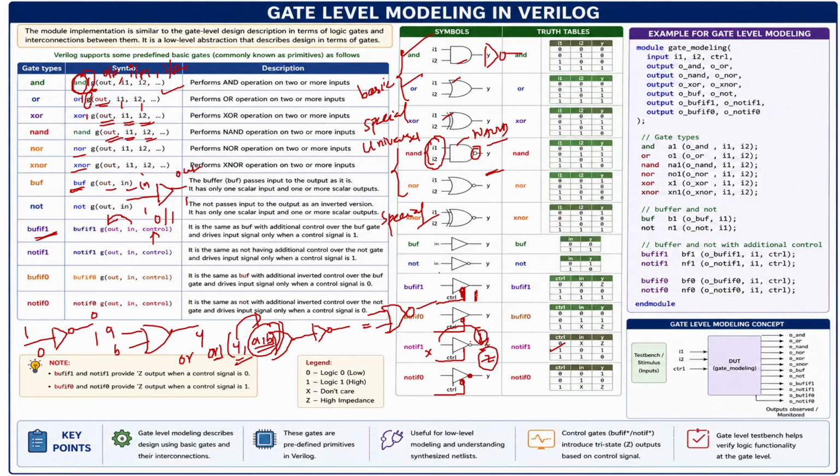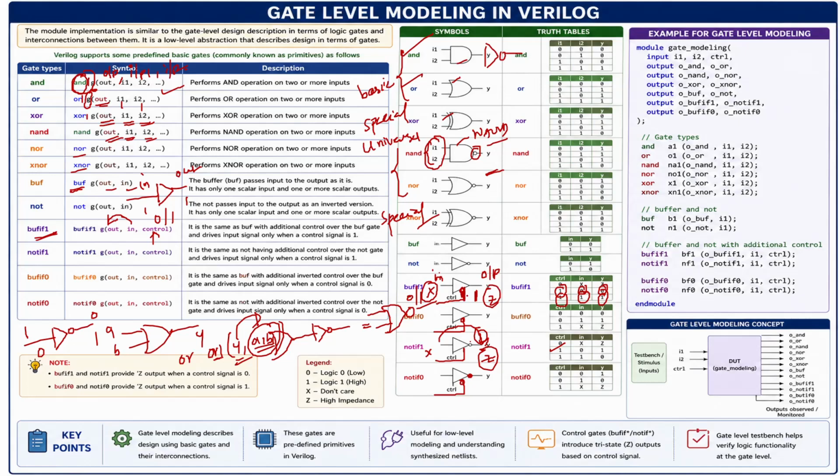If the control signal is high, then whatever input you give appears at the output side. With control signal 1, if your input is 0, output is also 0; if input is 1, output is also 1. If your control signal is 0, then the input can be anything, either 0 or 1, but I get high impedance at the output.